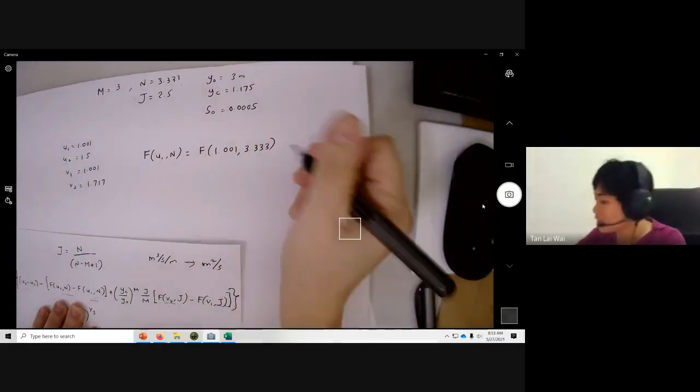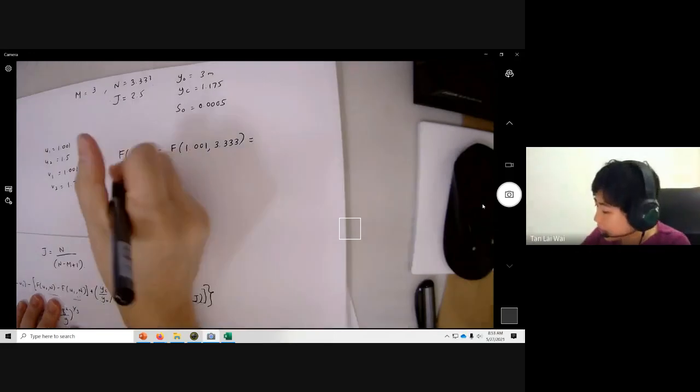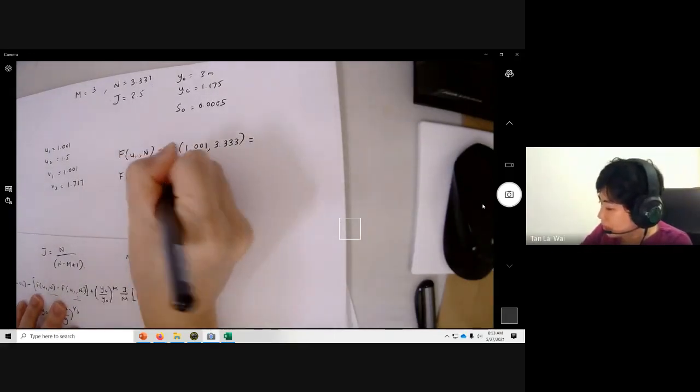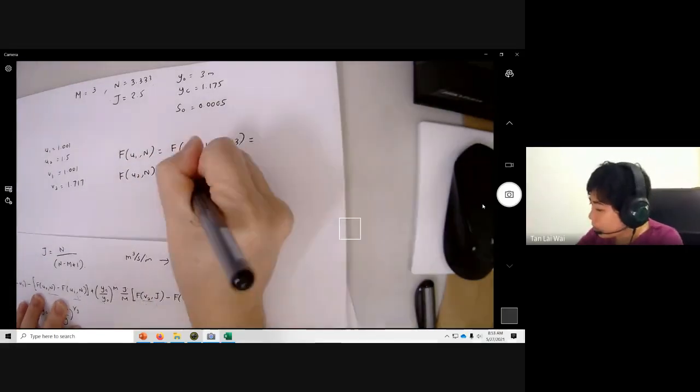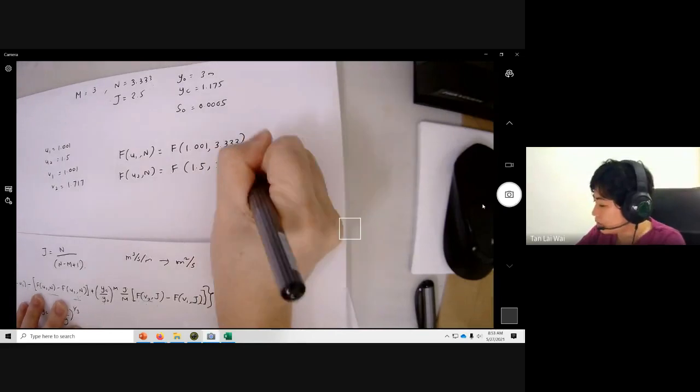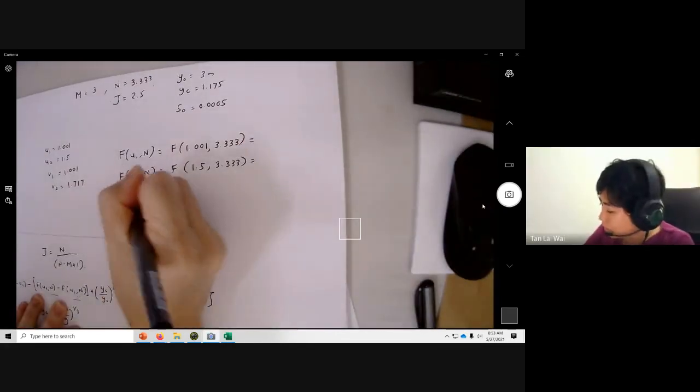You need to find this value. Then FU2N is F of 1.5, 3.33.